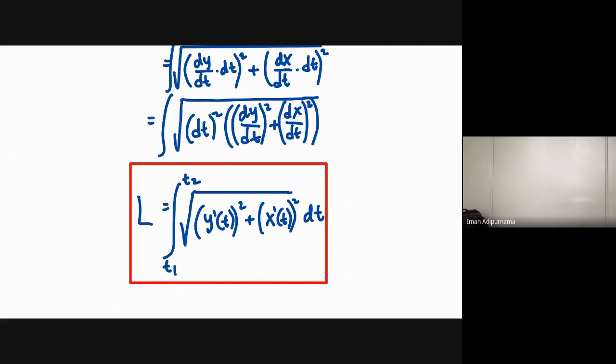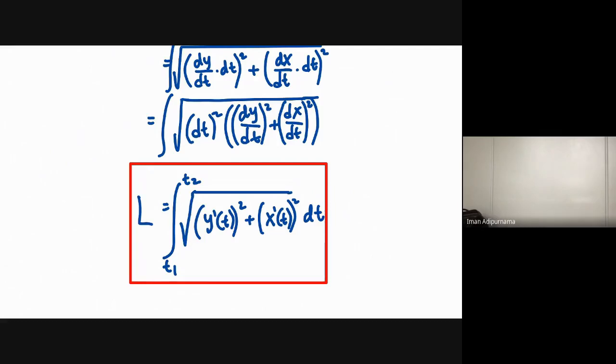Any questions so far? I think both integral and arc length are easy to follow, right? I mean, how to make sense of all the formulas. The key is you need to manipulate dt. Divide and multiply by dt, and you will see the form: dy over dt, which we already know is the first derivative.